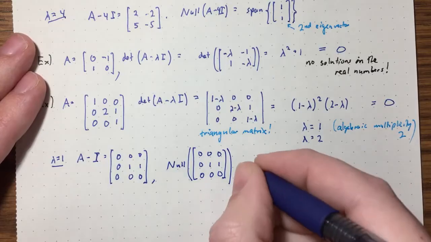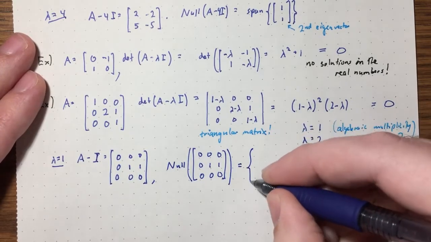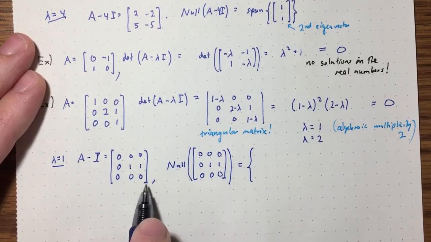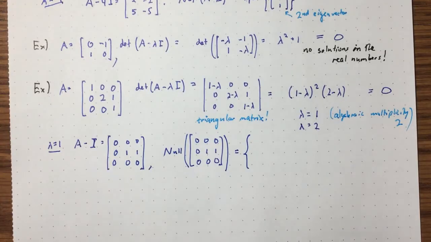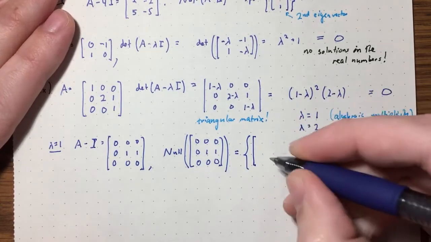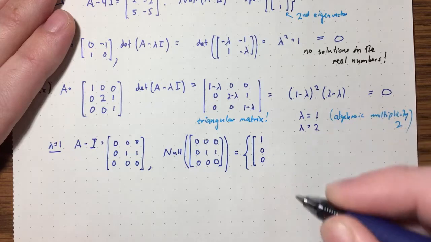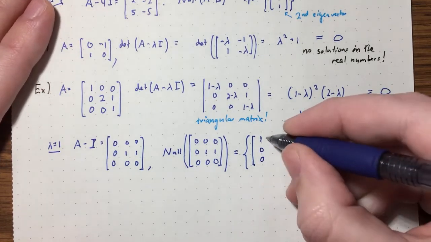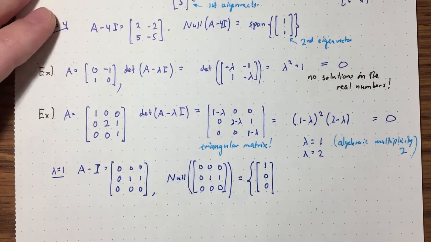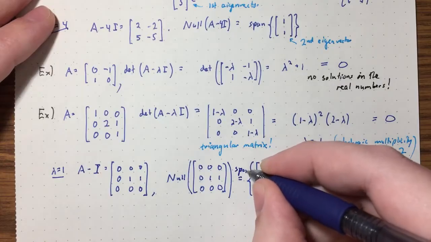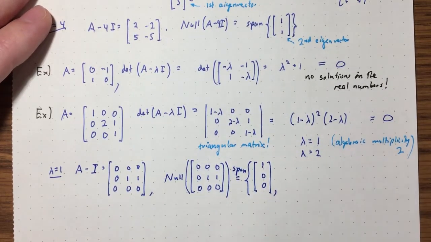So again, what is a null space? It's telling you what linear combinations of the columns equal the 0 vector. Here's an easy one. I'll take the first column and then just not any of the second and third columns. So I should say it's a span. The null space is going to be a span of this vector.